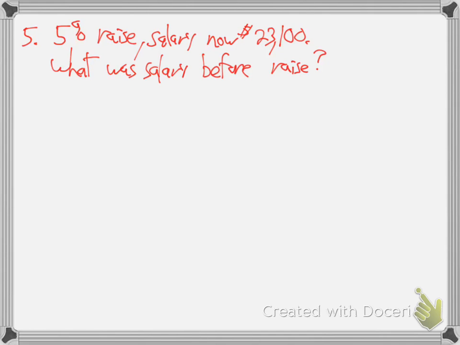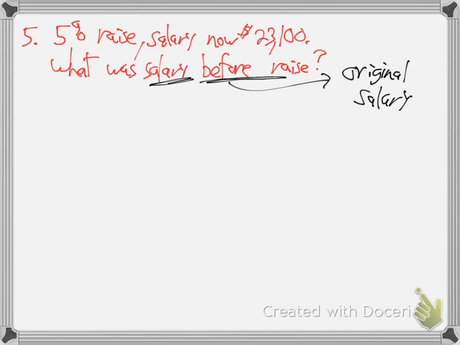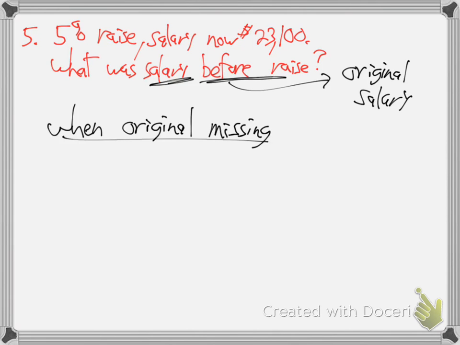Well, what's tricky on this one is the original. Salary before means original salary. When the original is missing, you have to use a special formula. Let me give it to you here.